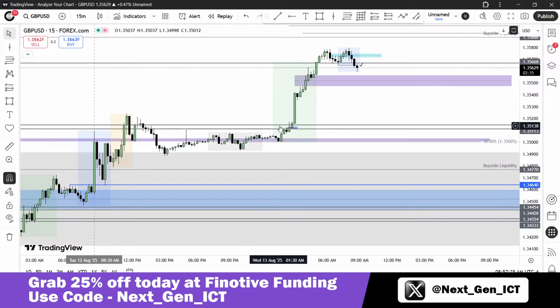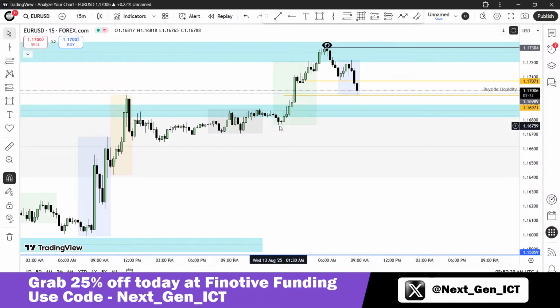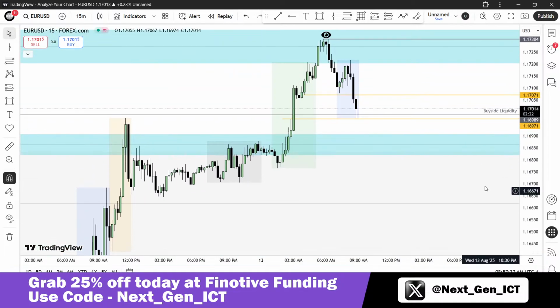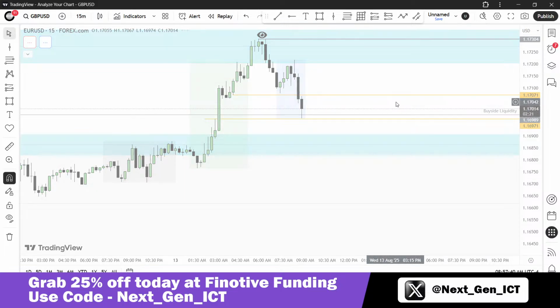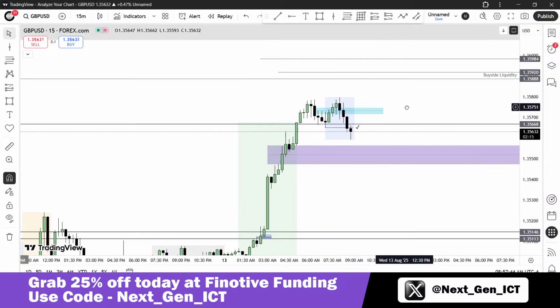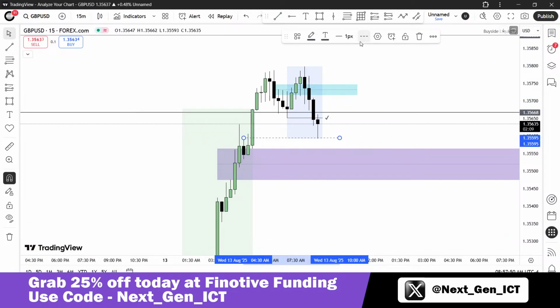Okay, let's see GBP. Okay, EU took a bit deeper retracement on that hourly fair value gap, but GBP is not showing any interest to go down there, I guess.